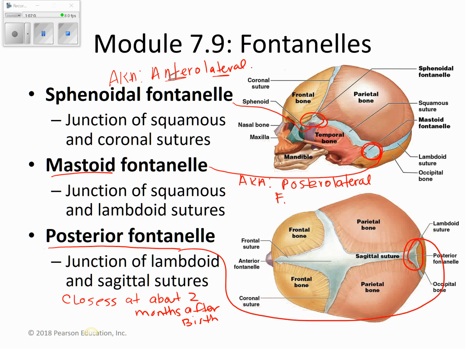The mastoid fontanelle, going back up through here, they say it takes about 12 months to close off. And then, of course, your sphenoid fontanelle takes about 3 months to close off, and these are after birth. And remember, your anterior one will take 18 to 24 months, up to 2 years, to close off.